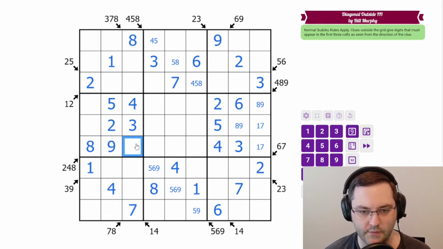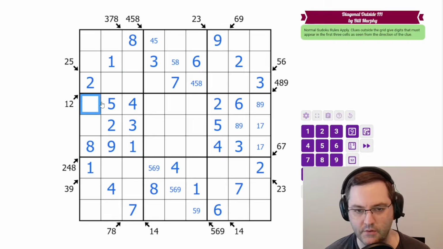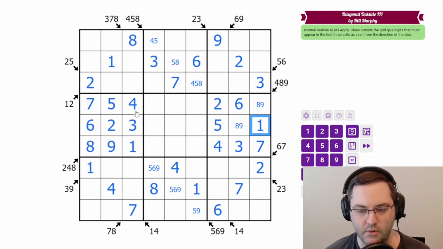I remember when I tested this, commenting that I solved this in precisely the wrong way, and I'm probably doing the same thing again, just being drawn to all sorts of different parts of the grid. But 1 in this box goes here. This can't be 6 in the row. We also get our 7, 1 resolved over here.